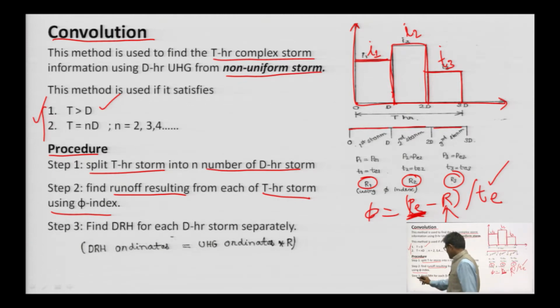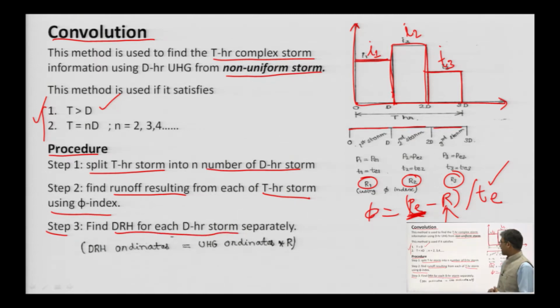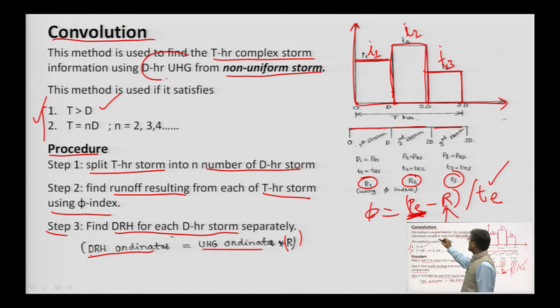So, step 2 is to find the runoff for each storm from the phi index. Step 3 is to find the DRH for each DR storm separately. The DRH ordinate is equal to the UHG ordinate multiplied by the runoff. The DR UHG is given.